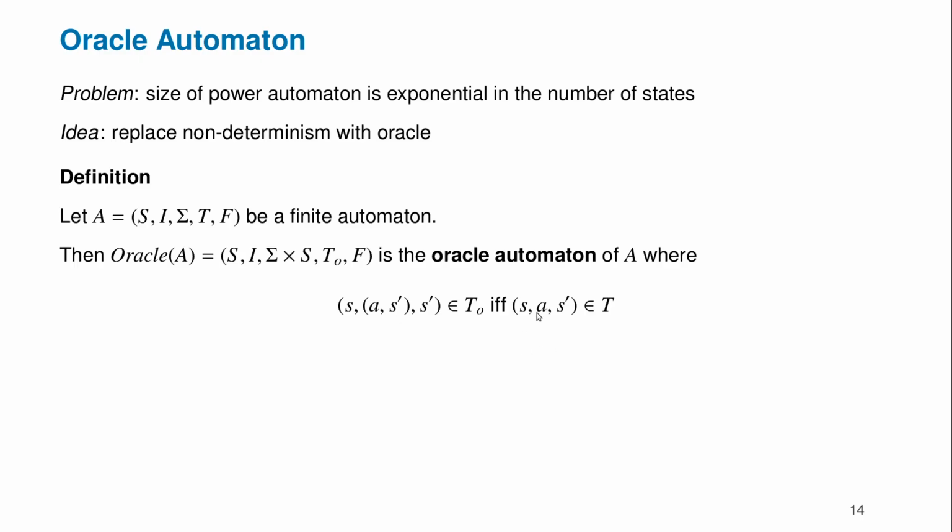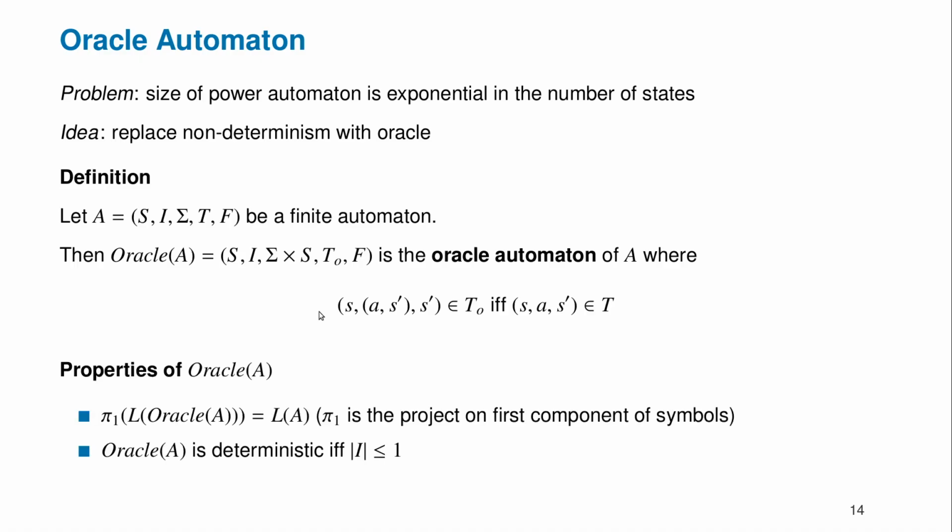is simply the symbol we also had in the transition of the original automaton, and the second component here is now the target state. So we encode the target state in the label of the transition, and by this we formally get a deterministic automaton.